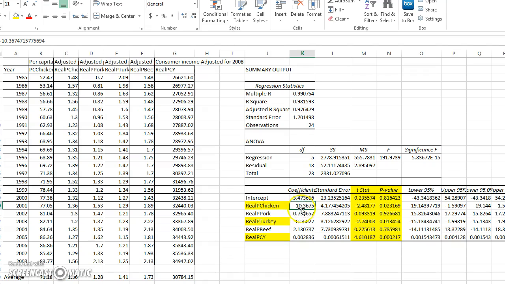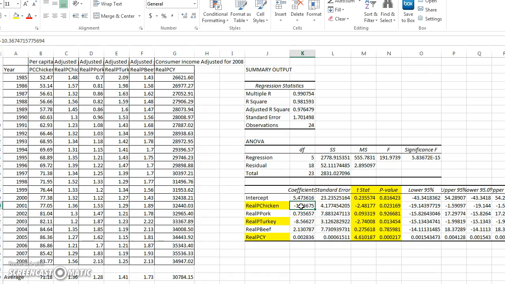We also have a very big coefficient of about 10.37. That means when the real price of chicken goes up by $1, because for my real price of chicken I was using dollars as my unit, the per capita demand of chicken would go down by 10.37 pounds.